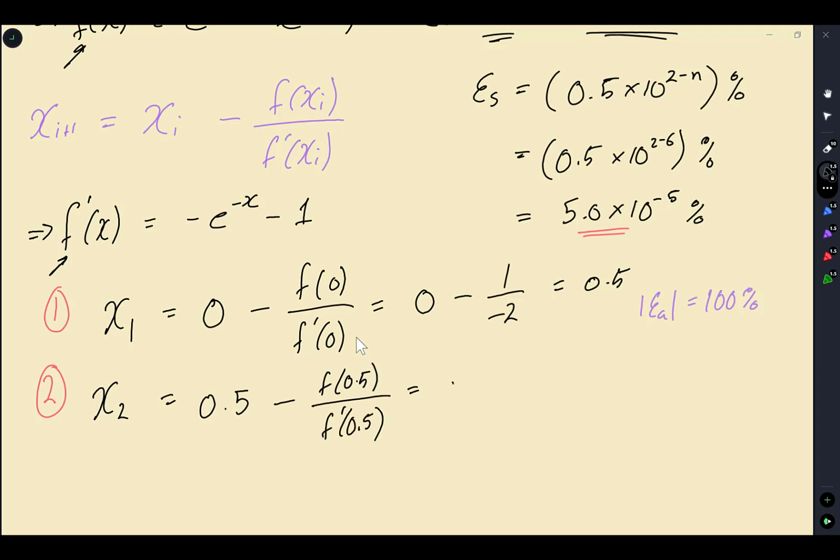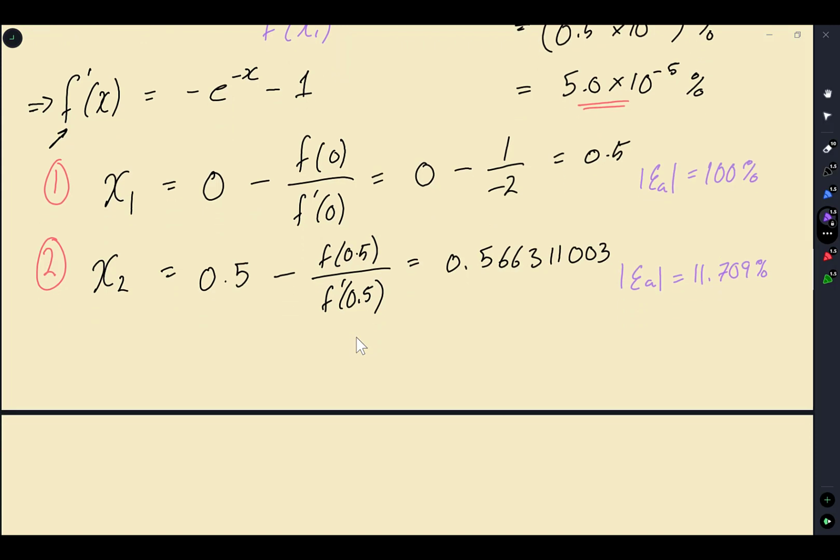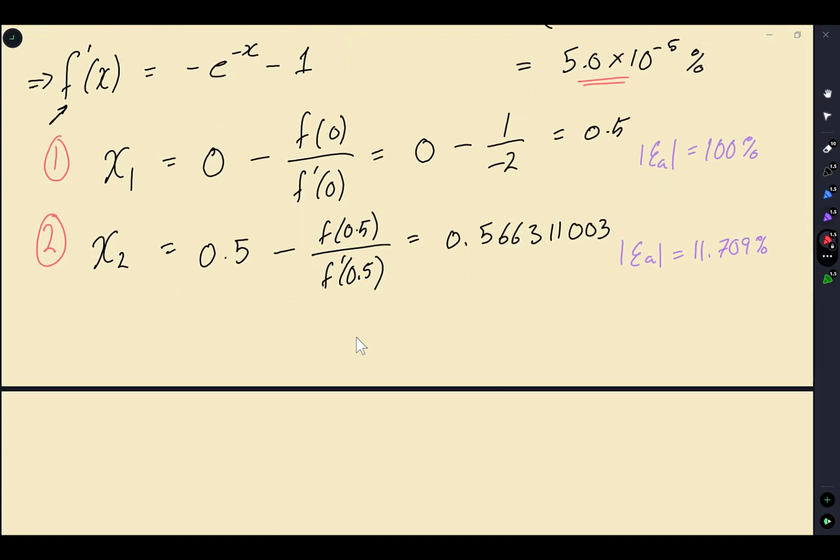Do the math, you get 0.566311003, and a percent relative error of 11.709%. For practice's sake, I expect you to try out these calculations just to make sure you always remember how to do them for a quiz.